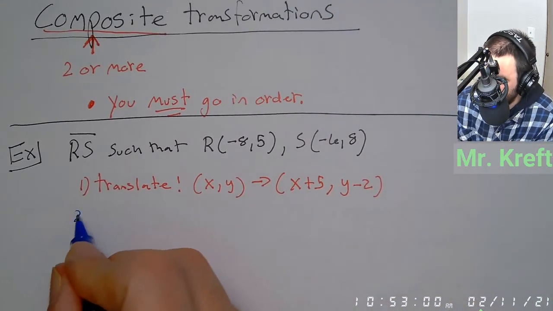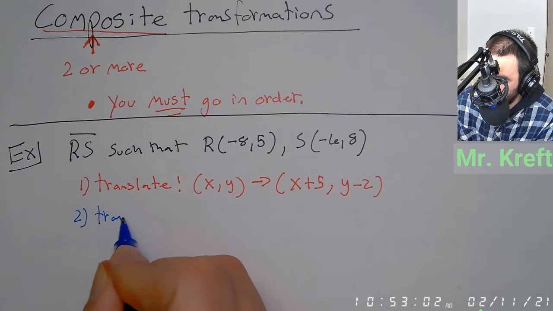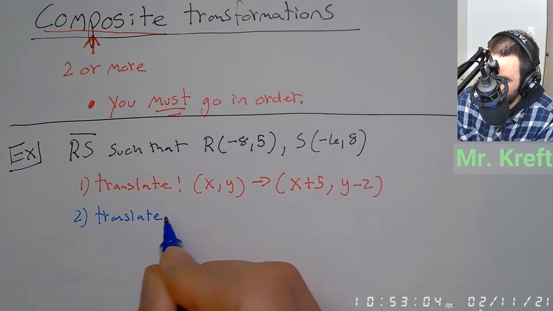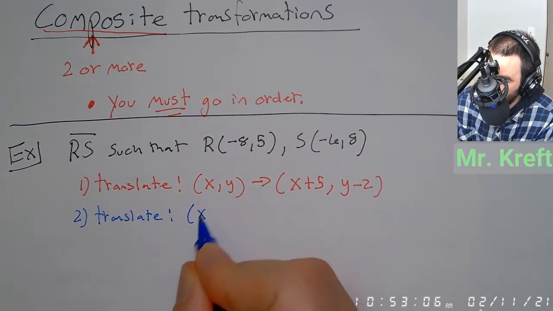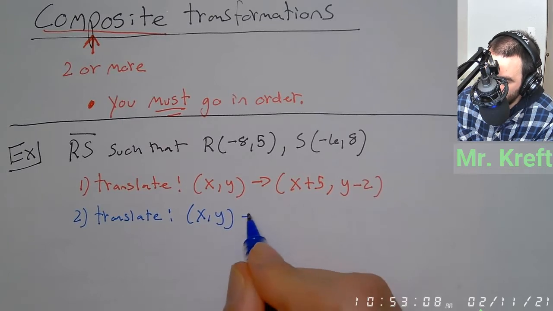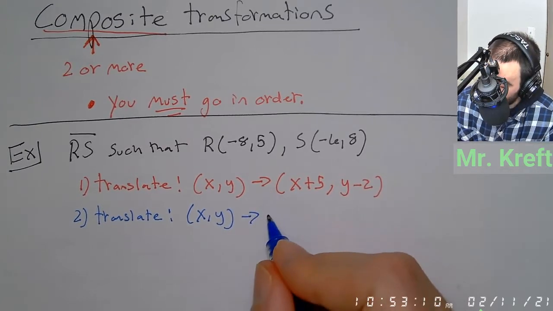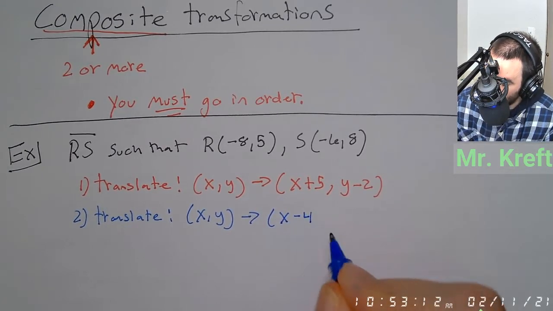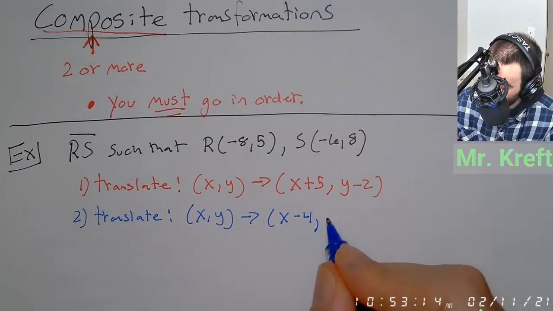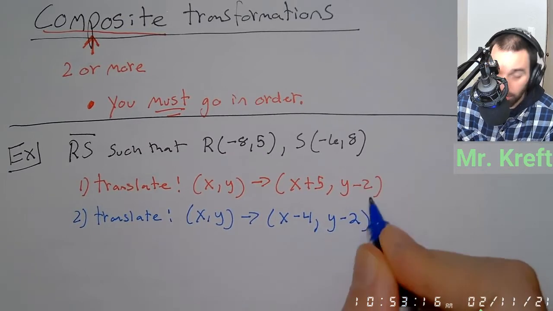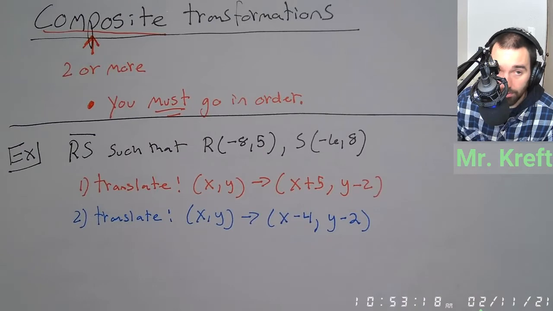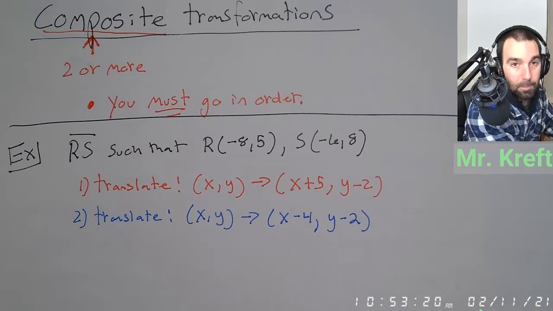Okay, and then second, we're going to translate. We're going to take every point xy and we're going to go x minus 4 and y minus 2. So we're going minus 2 on the y's both times.